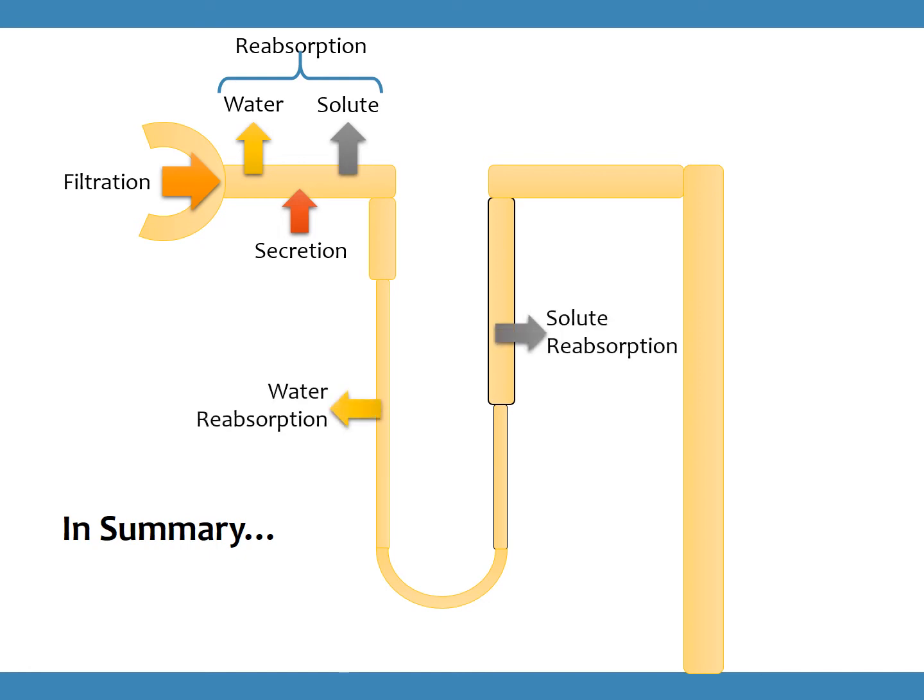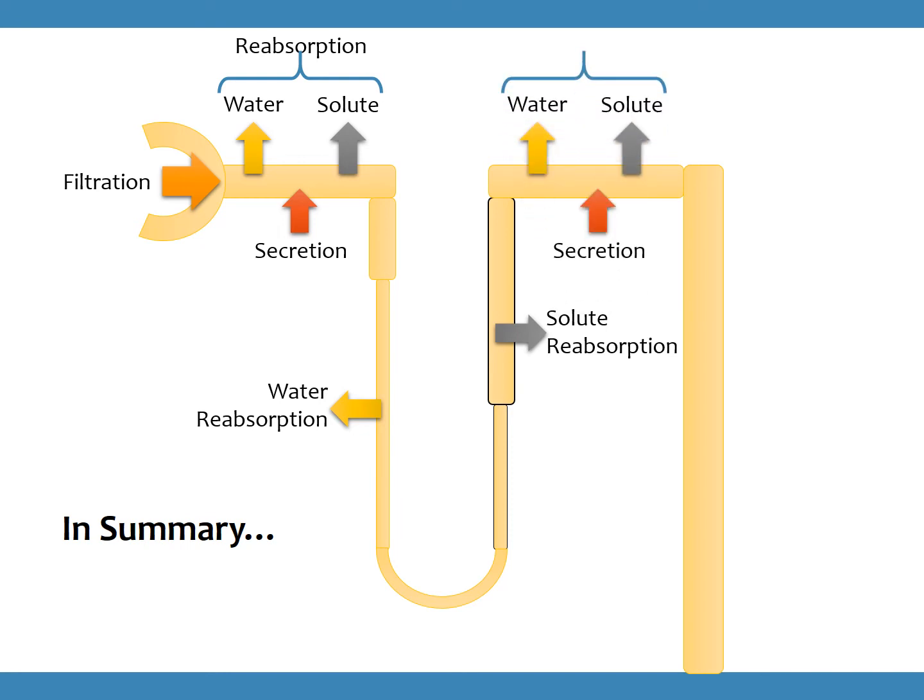The loop of Henle, the descending limb, is very similar to the proximal tubule. Some water reabsorption and solute reabsorption occurs here. The ascending part of the loop of Henle is impermeable to water, but it actively reabsorbs solutes, mainly sodium.